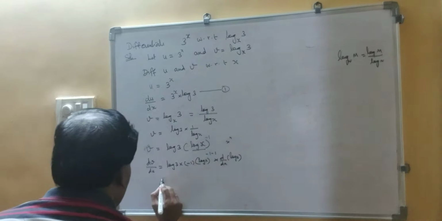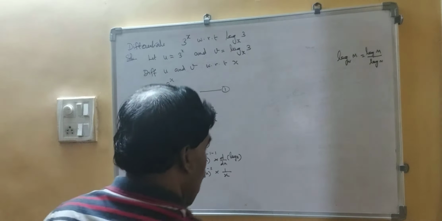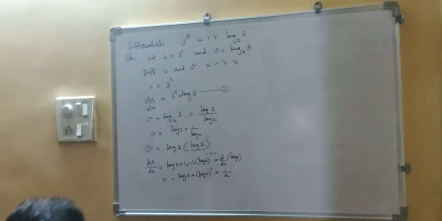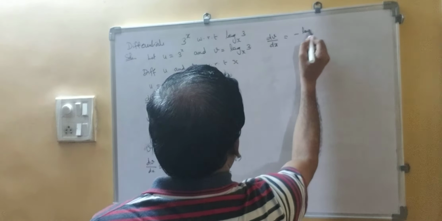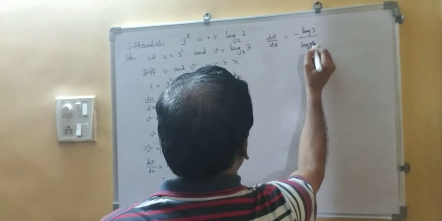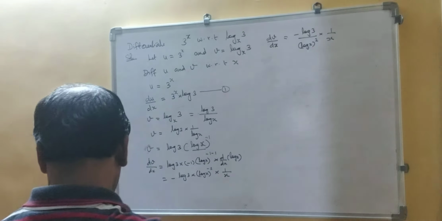So it's very simple, listen very carefully. dv by dx equal to minus log 3 upon, this will come down, log x the whole square into 1 upon x. Okay.